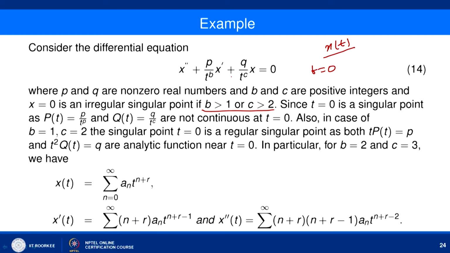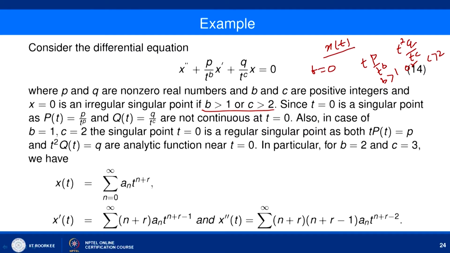If you take b greater than 1 or c greater than 2, then we can check that t into p by t to the power b and t square q upon t to the power c may not be analytic functions. So in each of these two cases we simply say that t equal to 0 is an irregular singular point.